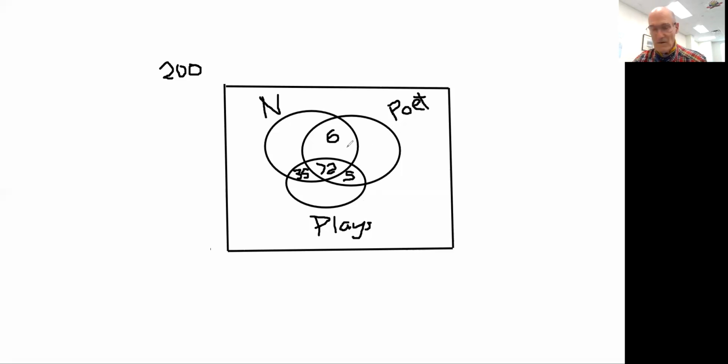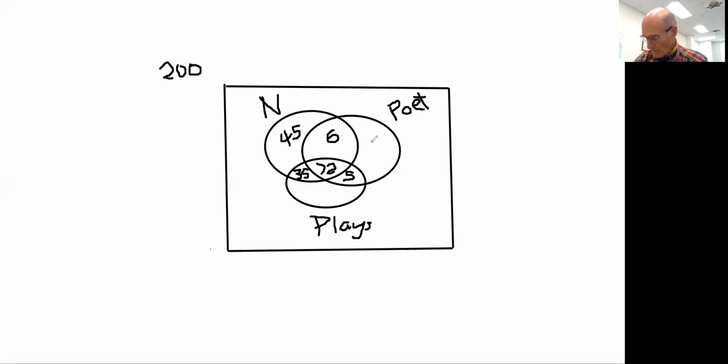And then out here in the novel section, we have 45. Because this area is only in the novel circle, it's not in the poetry circle, it's not in the play circle, there are 45 people here who like novels only.